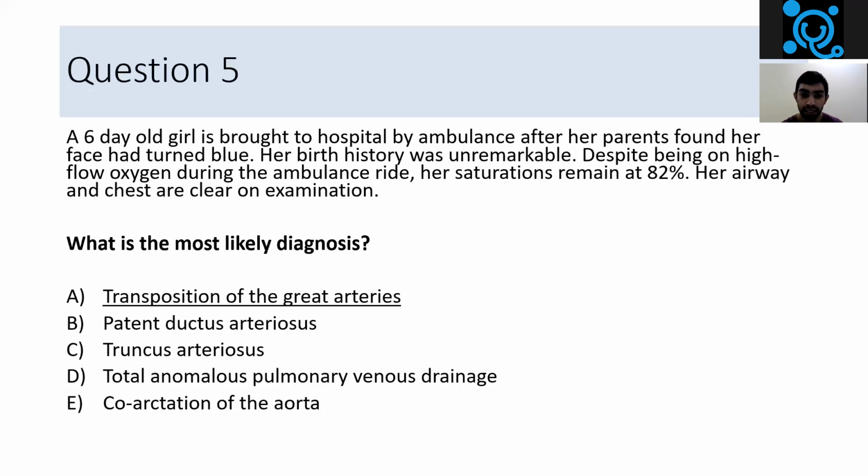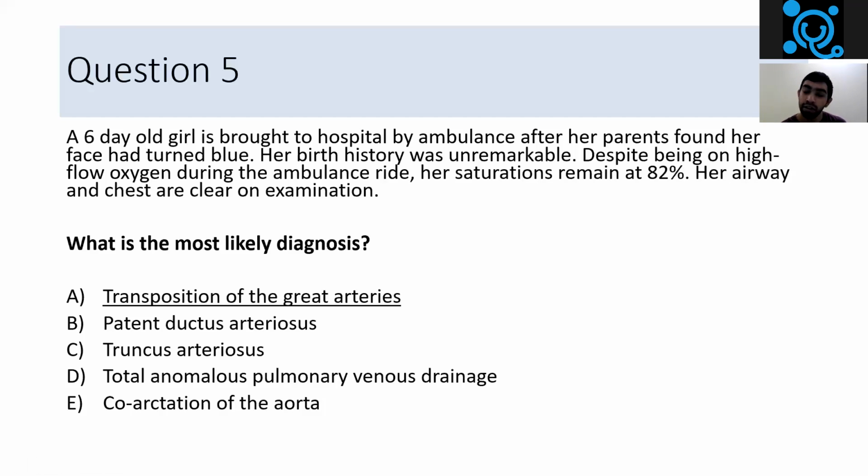But if for whatever reason that septation does not happen, you then have a single channel going out of the heart. So this would be a cyanotic heart defect. So it could explain why she is blue, but you would expect that to not be unmasked at 6 days old. You'd expect that to happen from birth. Okay.